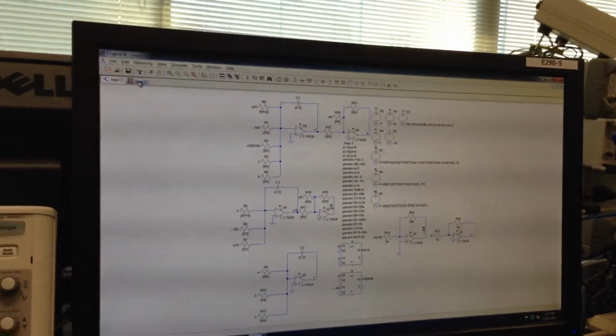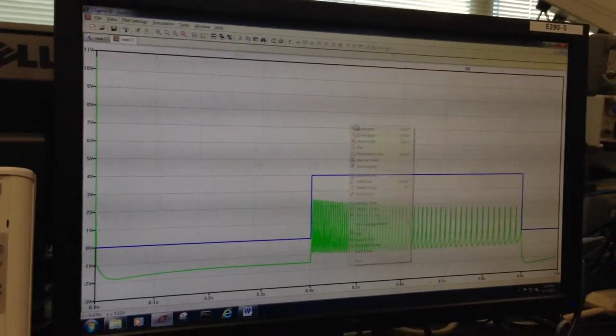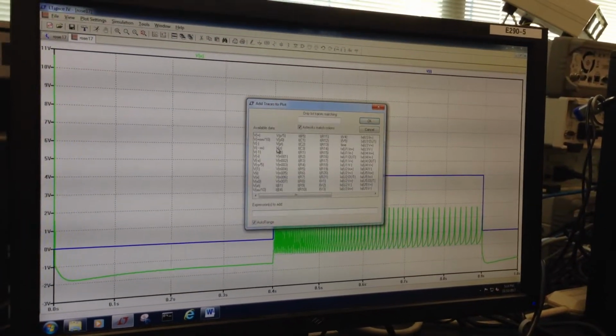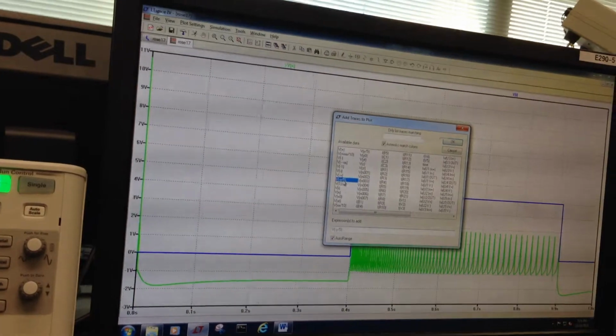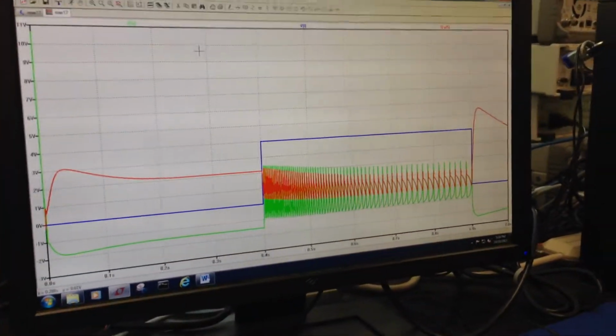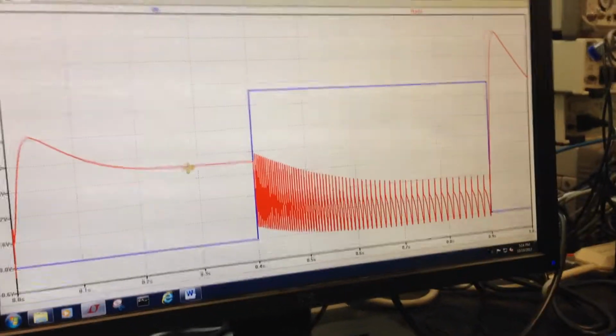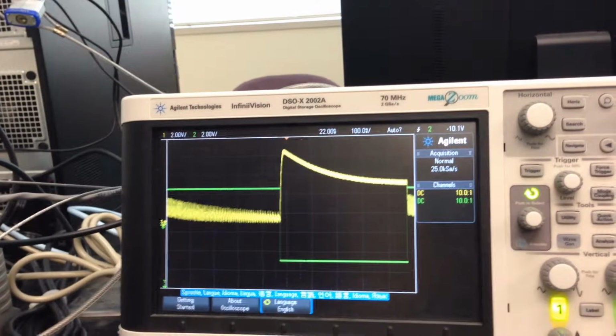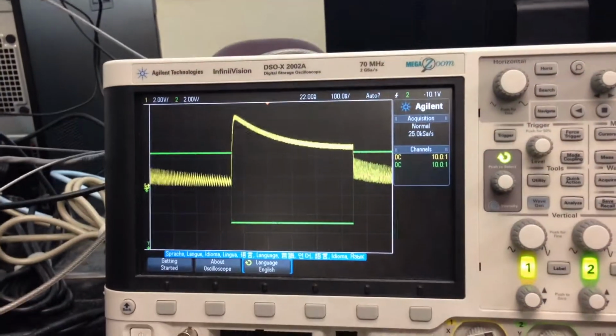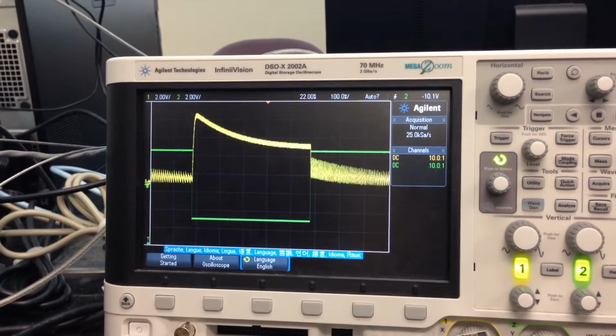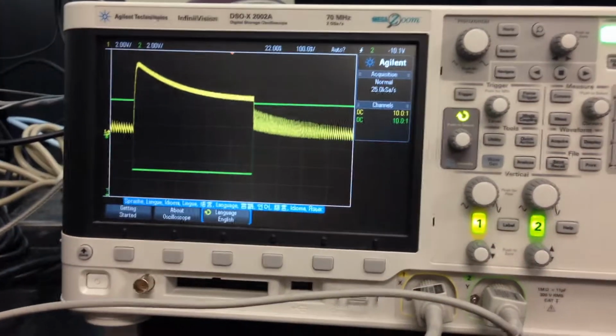Also, we can simulate the Y output. There's that, and you can see the similarities of the LTSpice simulation and the oscilloscope.